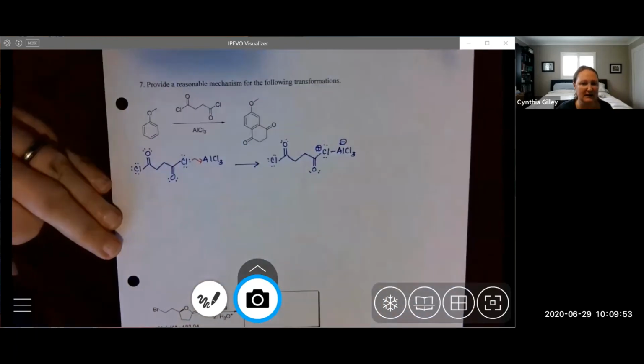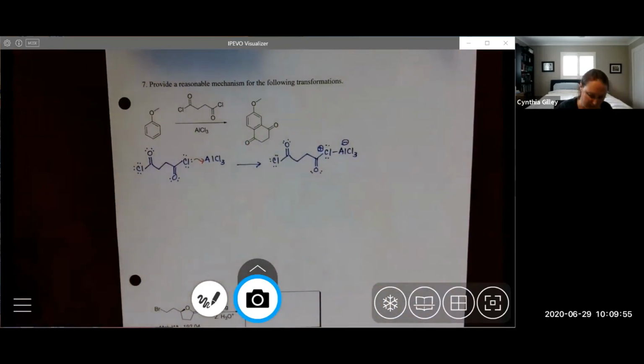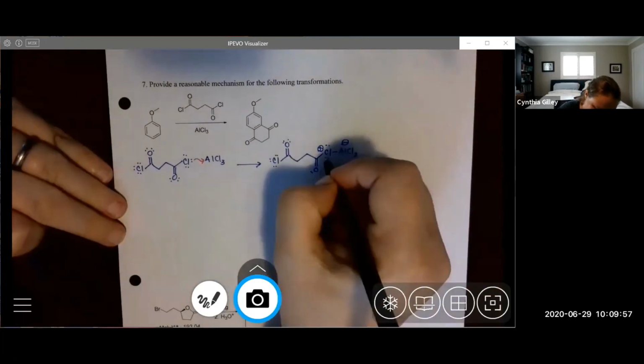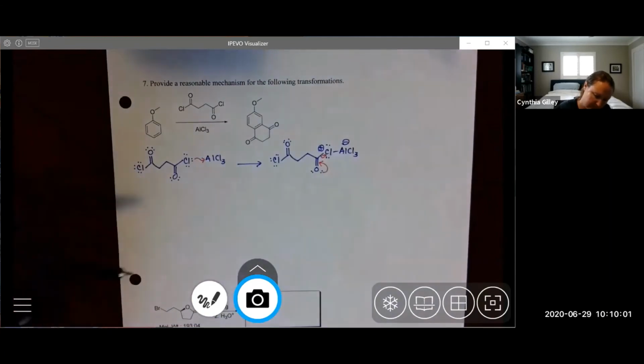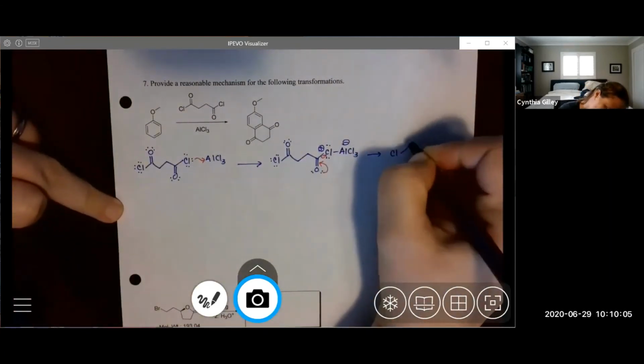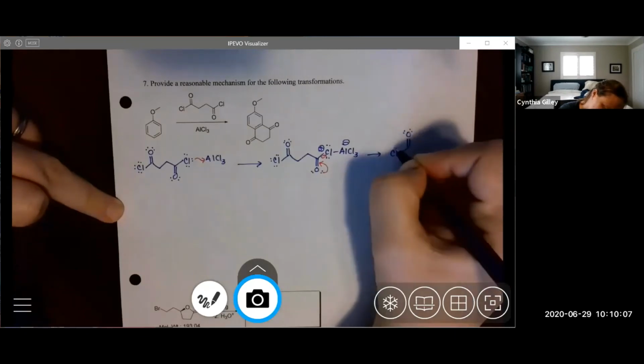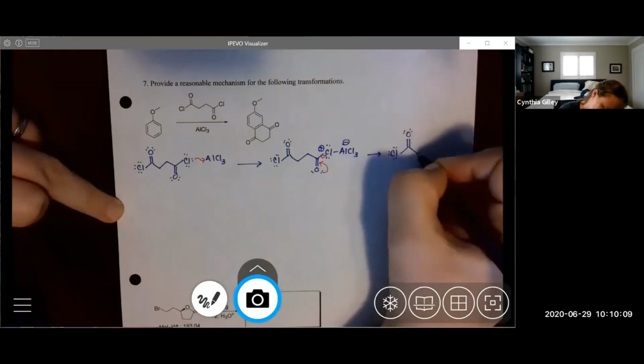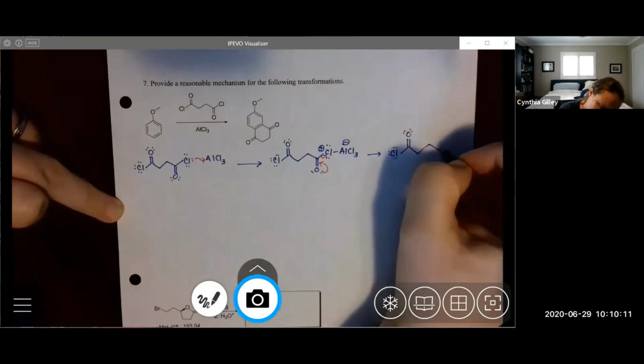Once that chlorine is activated as a leaving group, it can leave, to form the active electrophile, in this case, which is the acylium ion.